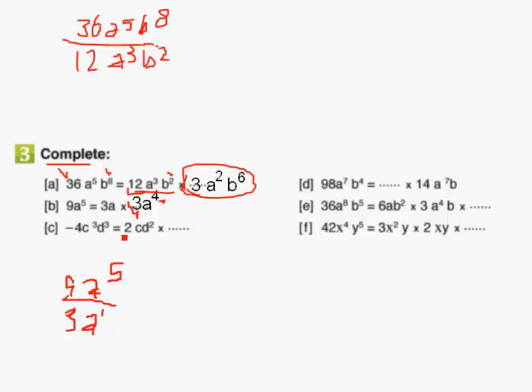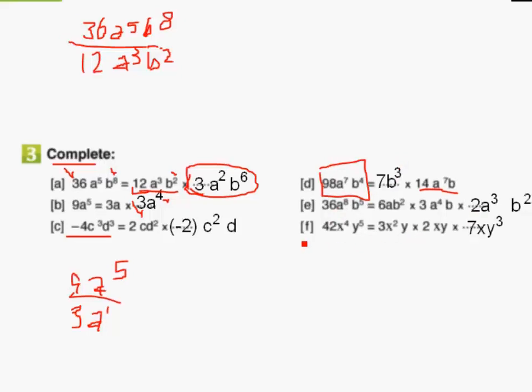Also the same here, divide this by 2cd over 2, it will give minus 2c to power 2 times d. Also here, divide this one by that one, you will get 7b to power 3. E is the same, F is the same. Very, very easy.